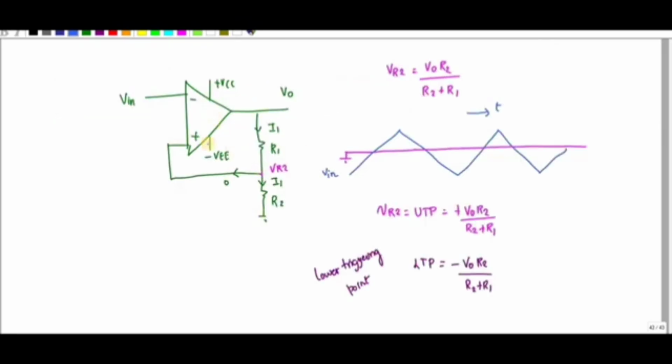Since it is a comparator, if the plus value is greater than the minus, V0 becomes plus VCC, the maximum value. This is the first case. And this is the second case: when plus is less than minus, V0 is equal to minus VCC, the maximum negative value.